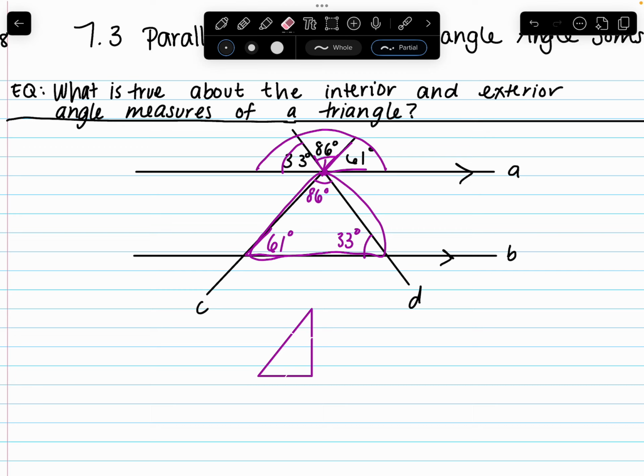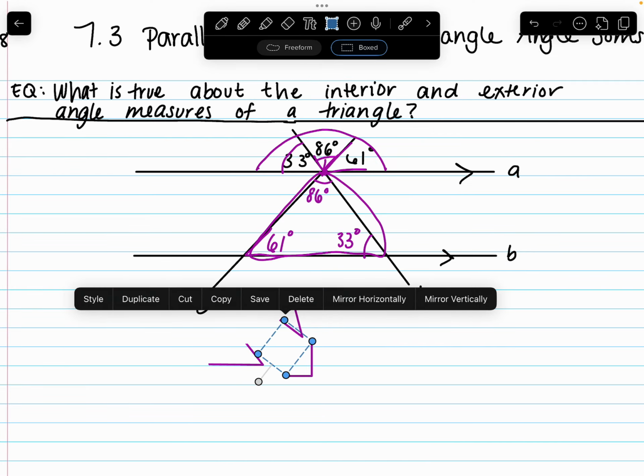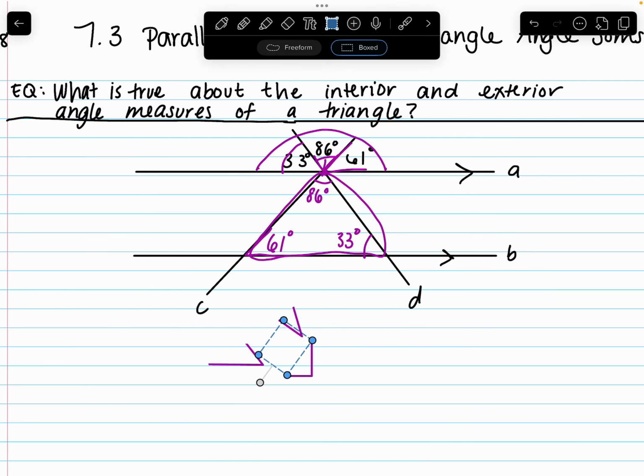I have 3 pieces. I'm going to take this right here, and then I'm going to form a line with them here.